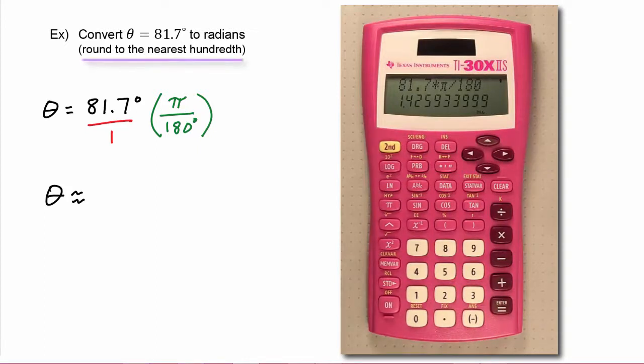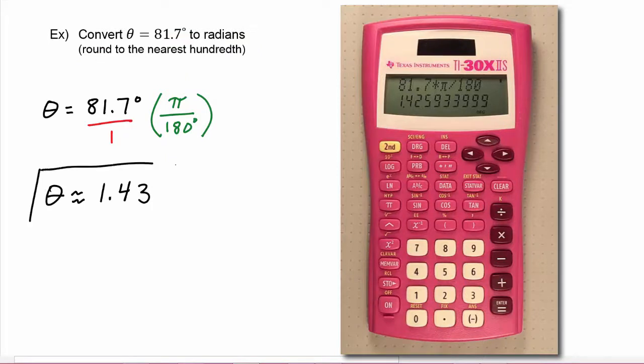And we can see that rounding to the nearest hundredth, we're going to get that theta is approximately 1.43. And we know because no units are indicated that it's in the radian measurement system.